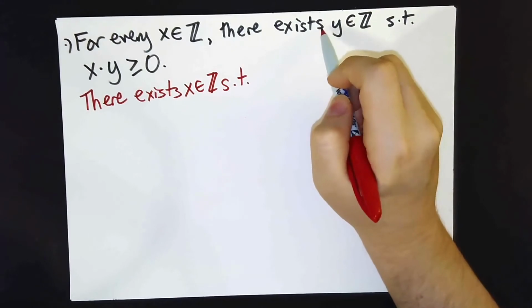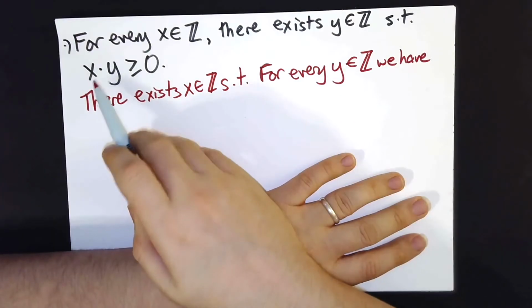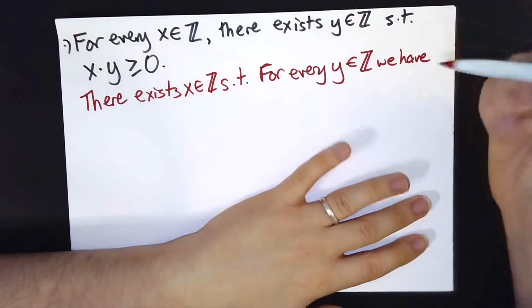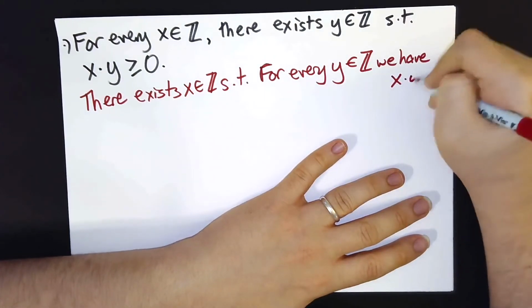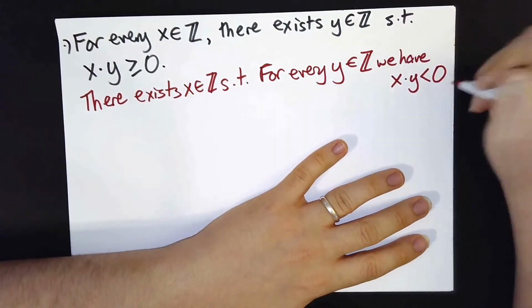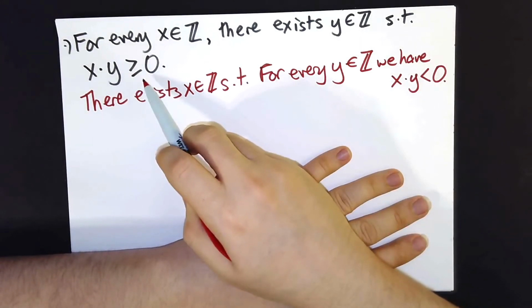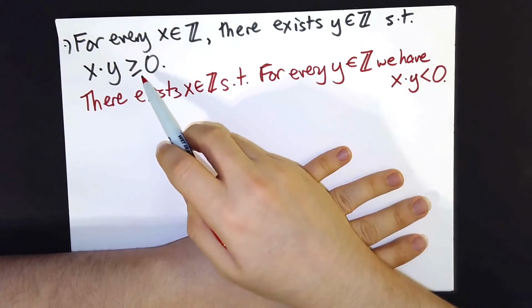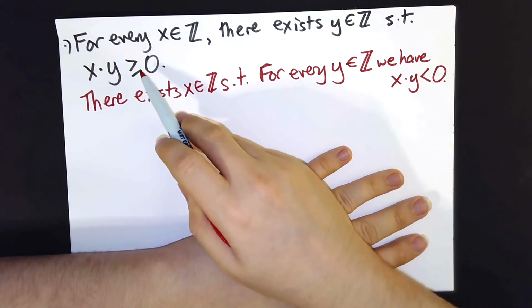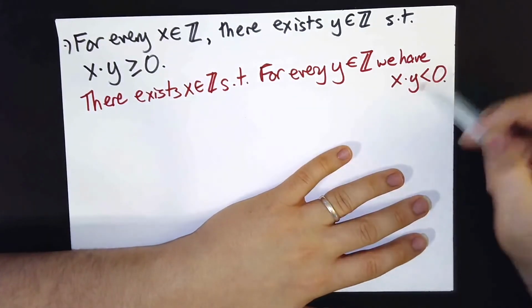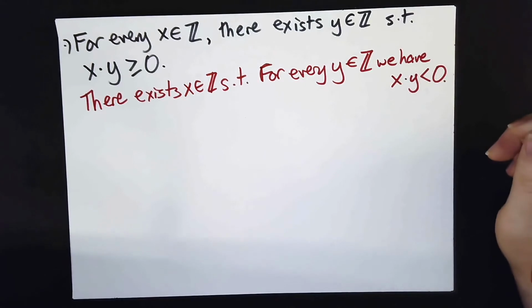This there exists becomes a for every. And then this x times y is greater than or equal to 0 becomes x times y is strictly less than 0. Note, opposite of greater than or equal to will turn into strictly less. Opposite of greater will turn into less than or equal. So be careful, the equal flips as well.